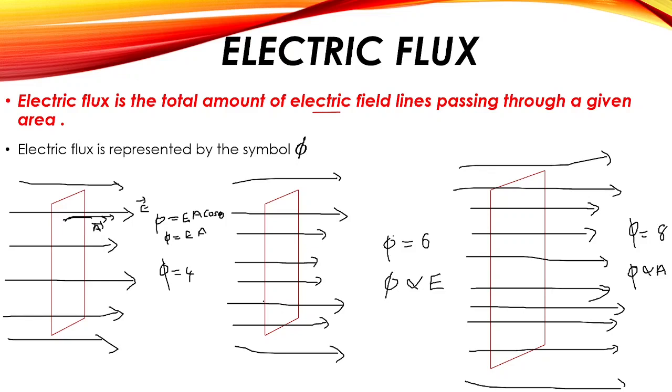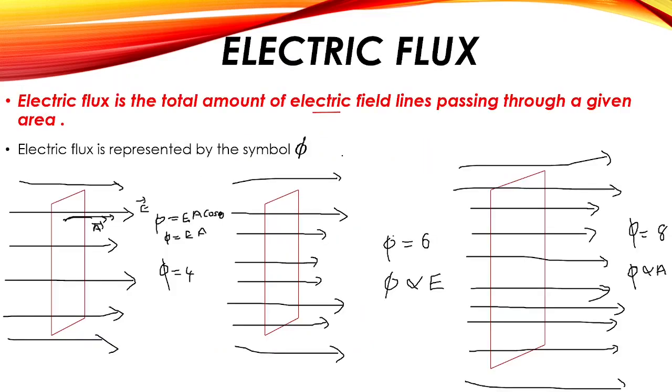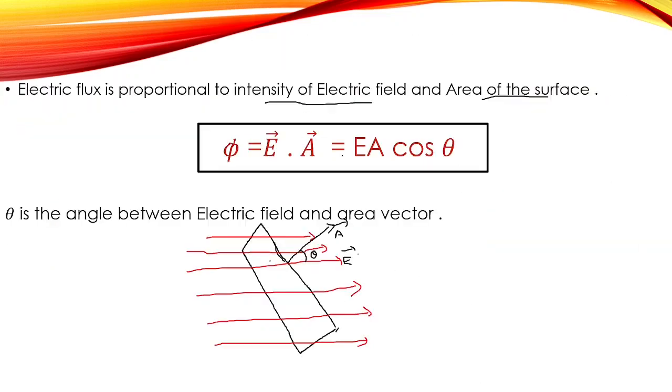It's not the right way. I did this just to make you understand the real meaning of electric flux, but don't apply this in your exam. To find electric flux, you need to apply this equation in the exams. You should find the electric flux passing through a body by using this equation. Then you will get full marks, okay?